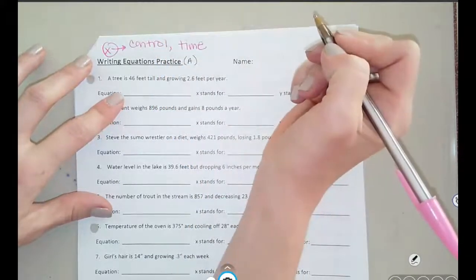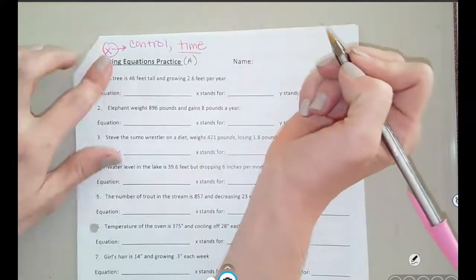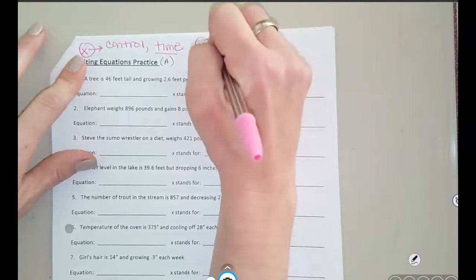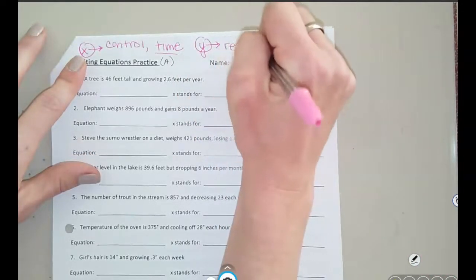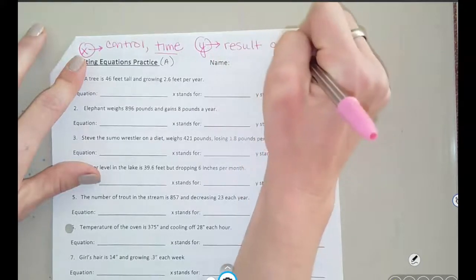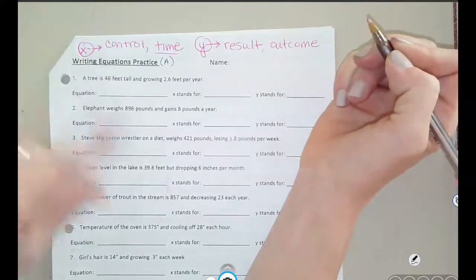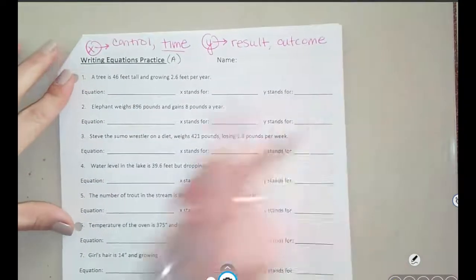If you have seconds, minutes, days, weeks, hours, anything to do with time, that's going to be your X variable. And for Y, our clues here to help us are to think of the result or the outcome. Okay? So that'll help us remember how to determine which is X and which is Y.